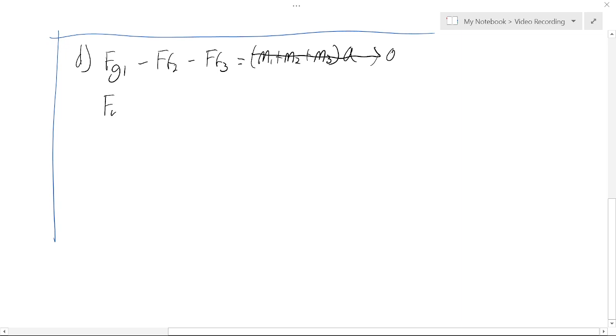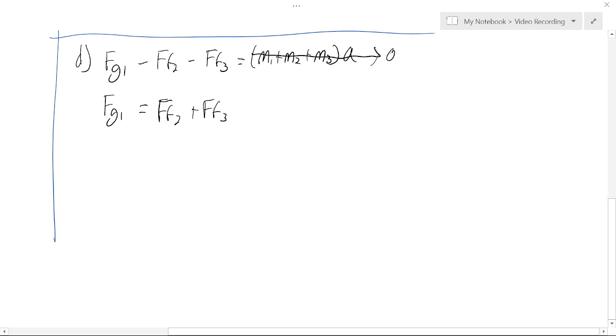And we would find that Fg1 is equal to Ff2 plus Ff3. So some people would actually just start here and not write the statement above. If the friction forces are equal to the gravitational force pulling down, then nothing will happen.